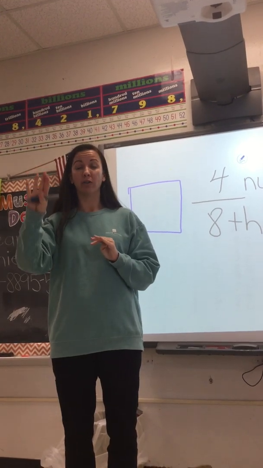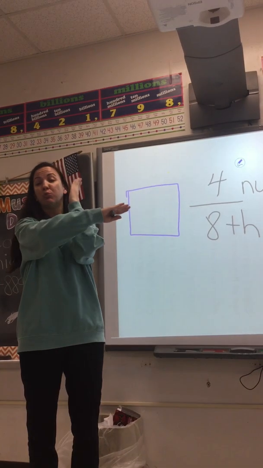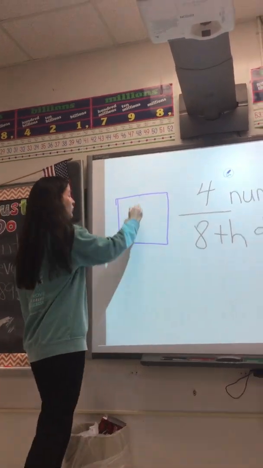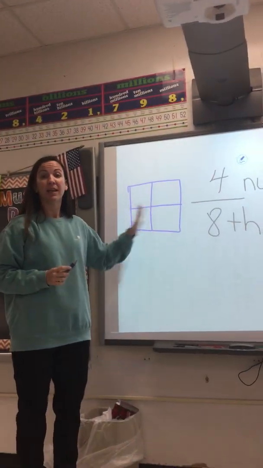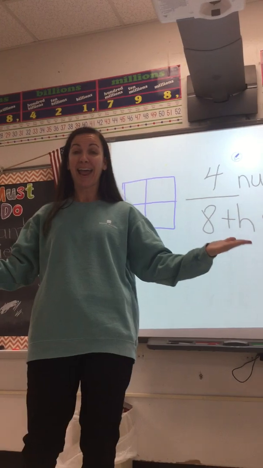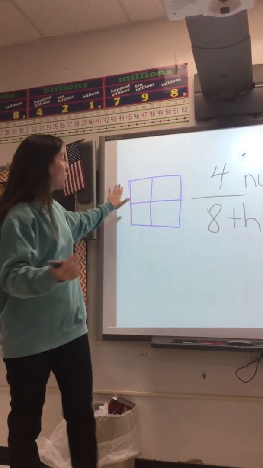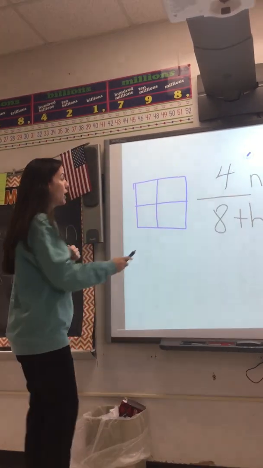Let's try fourths. Fourths can get me half of 8. And we know to make fourths, we're going to use a plus sign. So let's go ahead and do our plus sign. So I've got fourths. Now I need a double 4 because we know 4 plus 4 makes 8. So now I need to take those at the top and at the bottom and cut them in half again. So watch right here.